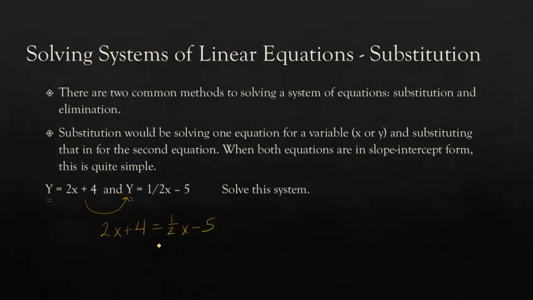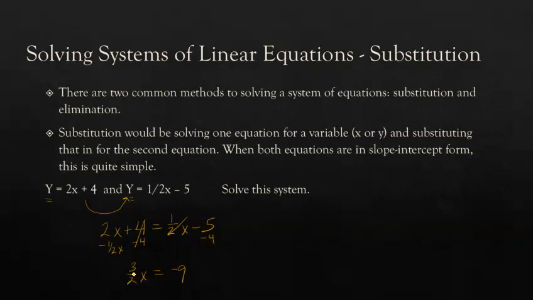Now I'm just grouping my like terms together, so I'm going to move the 1/2 x to this side, and I'm going to move the 4 to the other side. On this side, I have 2x minus 1/2 x. That gives me 3/2 x is equal to, on this side, -5 and -4 is -9.